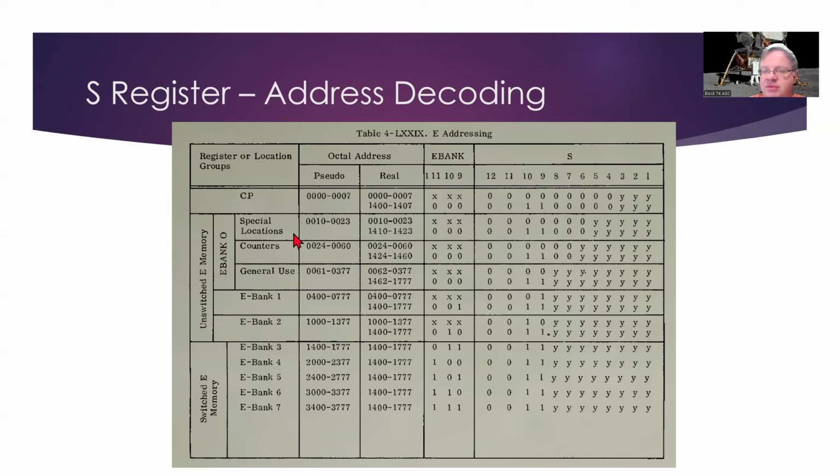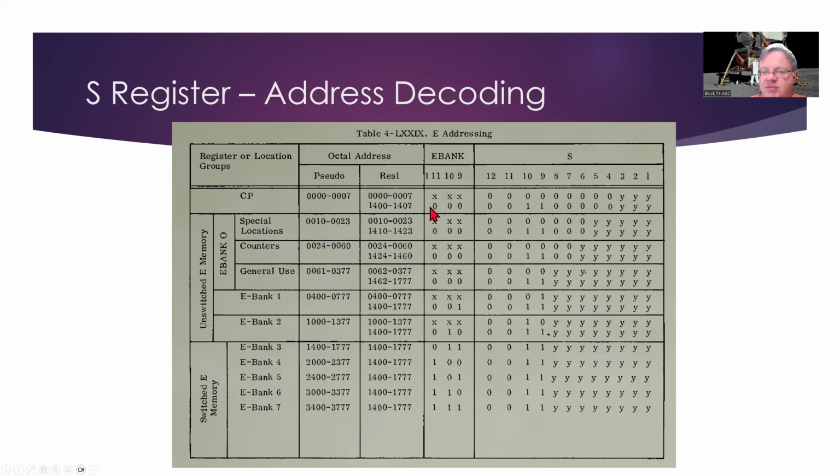So we don't want to say that these low order bits are being switched out based on which bank we're in. We only want to switch out the address range, and we can see that what's switched out is 1400 to 1777 octal.